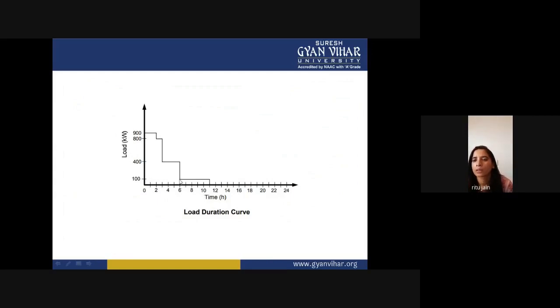It is 5 hours. So for 5 hours, this load is your 100 kilowatt. So we are taking hourly load over here in the load duration curve. This is the basic difference between your load curve and load duration curve.